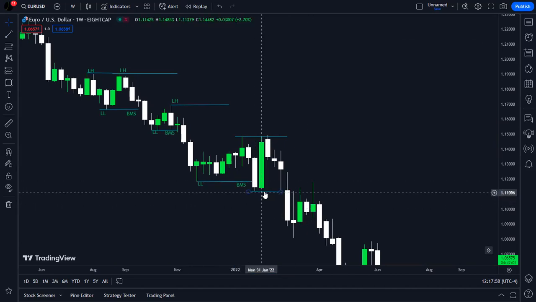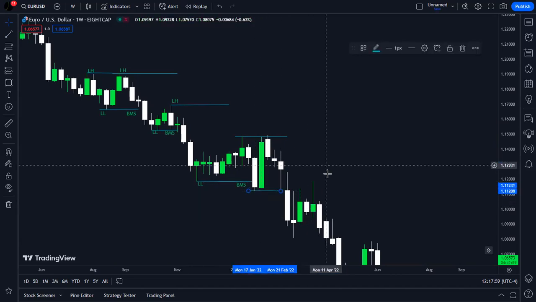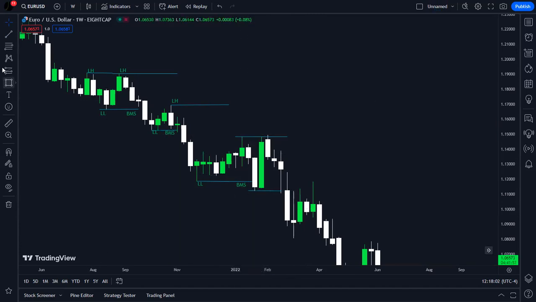Right there is a new lower low, created after BMS.